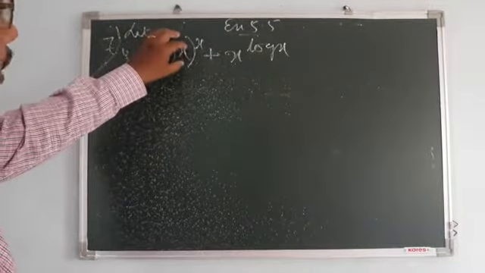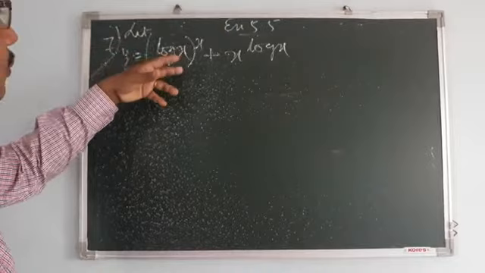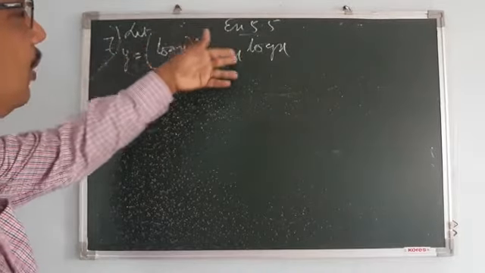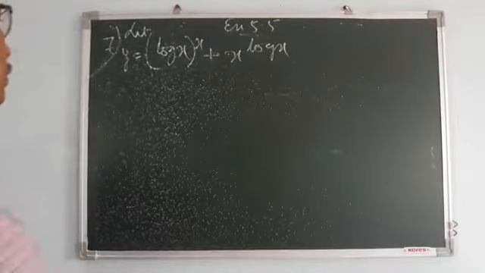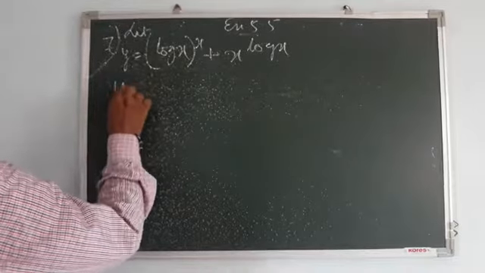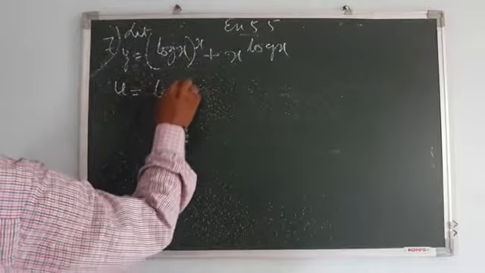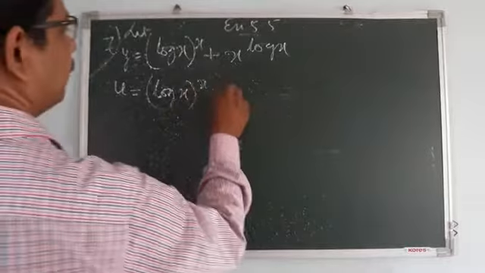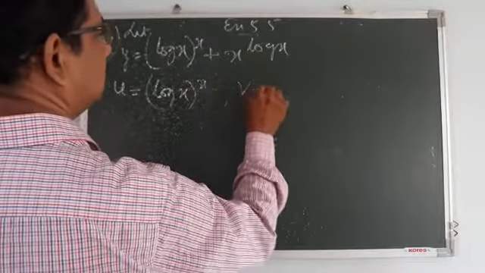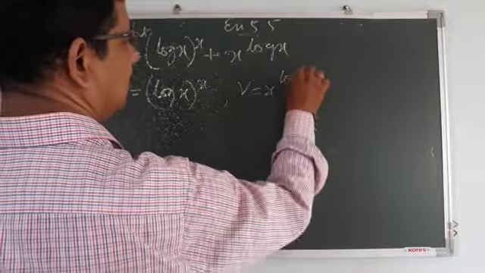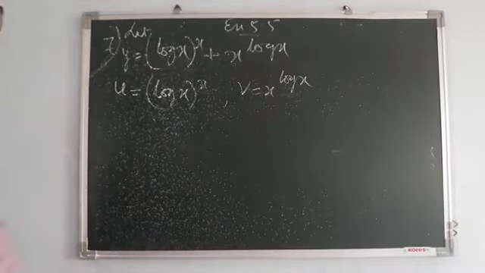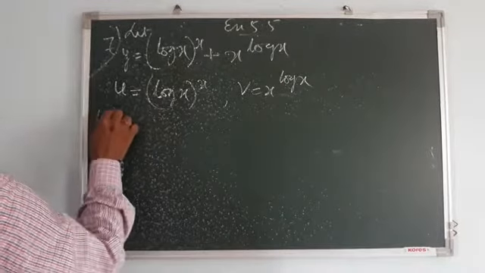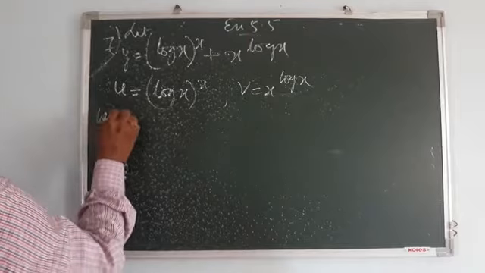I have taken y as this term. So log x is a term of x, so its power is again variable. So definitely you have to take u as log x to the power x, and v is x to the power log x. Then as usual you will use logarithm of u.